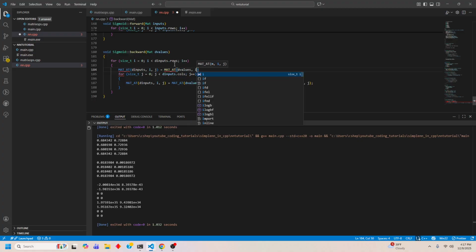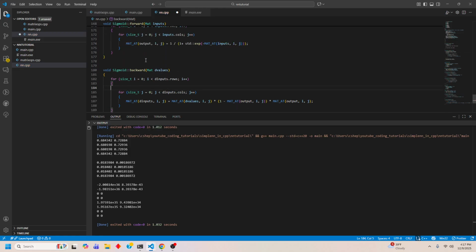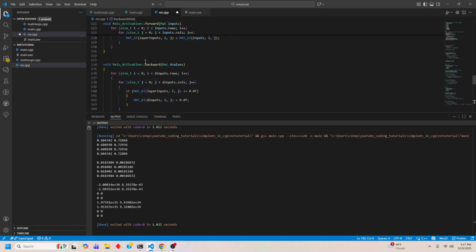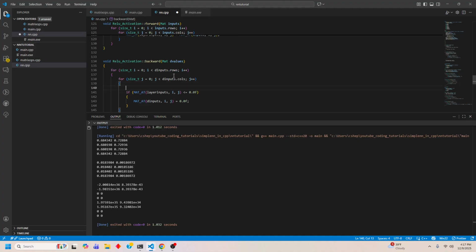I'm looking for the ReLU. Right here. So, d inputs are equal to the d values.